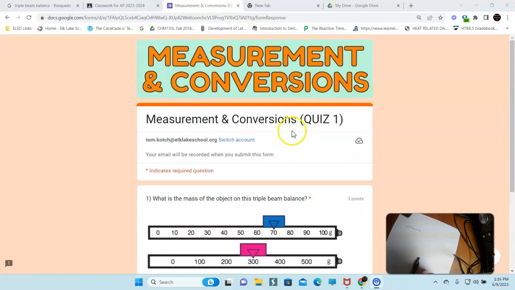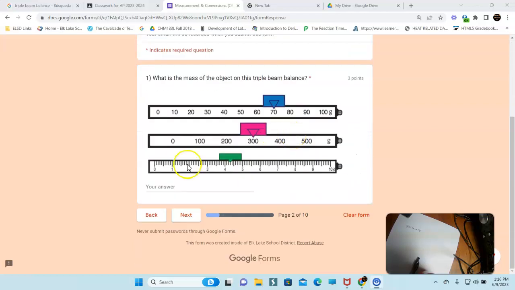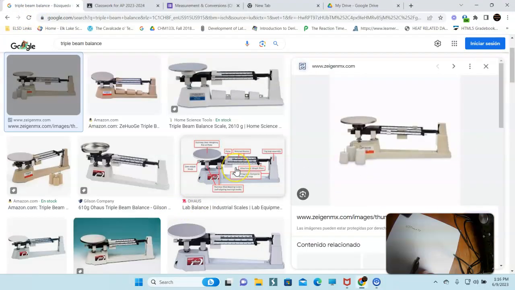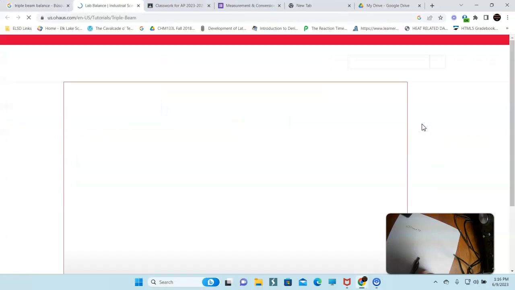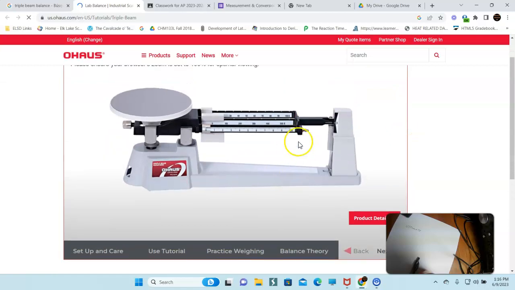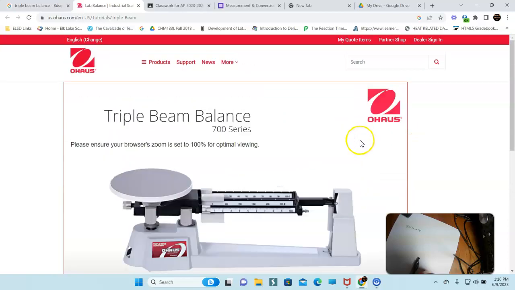Question one. This is actually measurement and conversions. This is very rudimentary. They're talking about something on a triple beam balance. Now you might say, what's a triple beam balance? Let me see if I can get a picture of one here. Sure we can. Okay, perfect. This is something that we don't use too often. We have digital balances now, and a balance is a way for us to get the mass of an object.